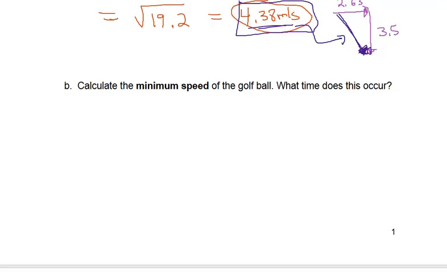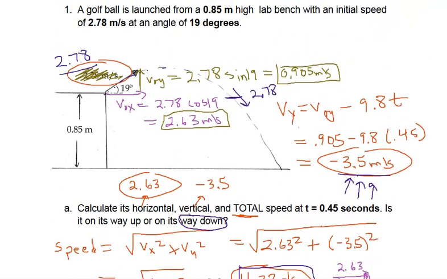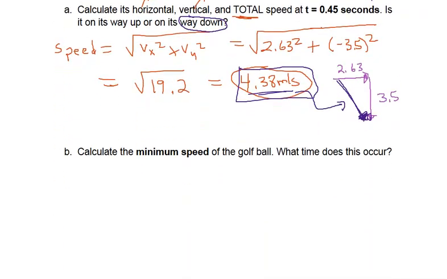Okay, calculate the minimum speed of the golf ball. That is really a logic question that I want you to know. The minimum speed, the lowest it can ever be, is just the horizontal when it has lost all of its vertical. So the minimum speed is, we already know it, 2.63 meters per second. It's never going to be less than that.